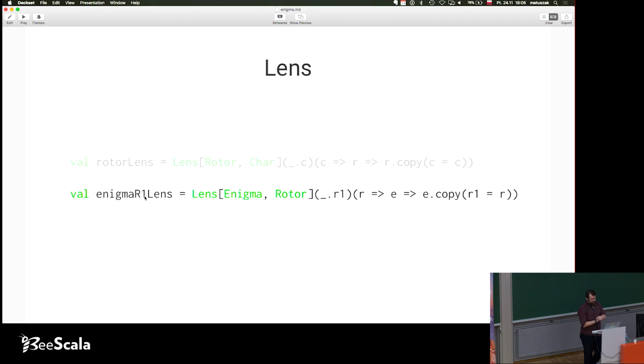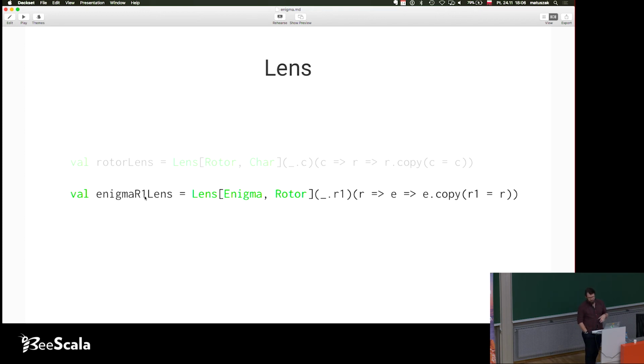The second thing we have to provide is the way to focus from the Enigma machine, which has 3 rotors. Ideally, we would need 3 different lenses, one for each rotor. Again, we are taking the first rotor, and we are providing the way of updating the structure.